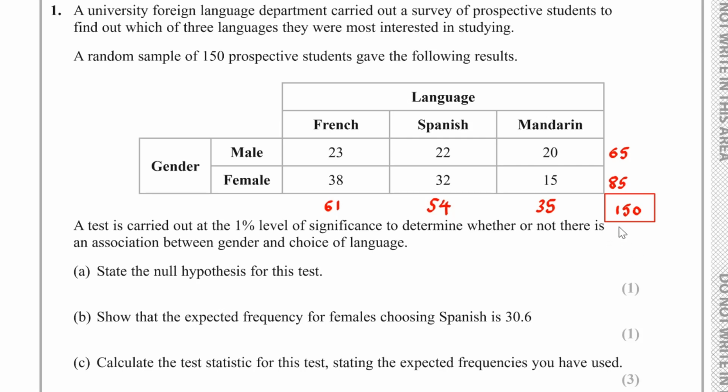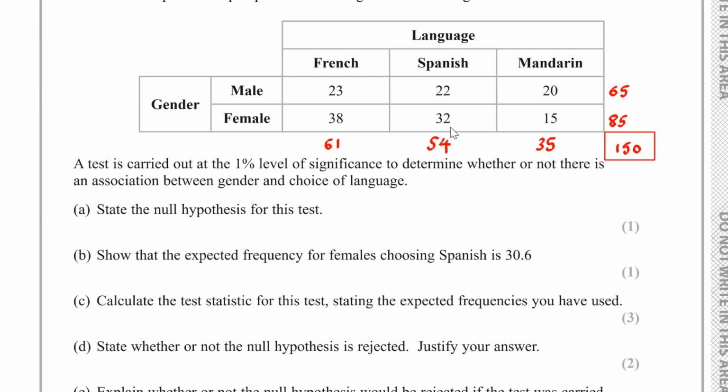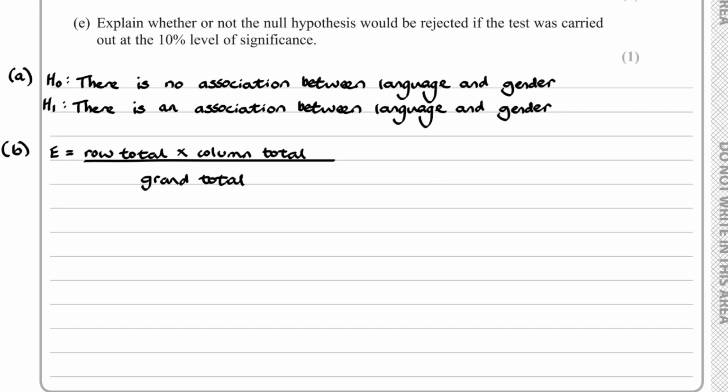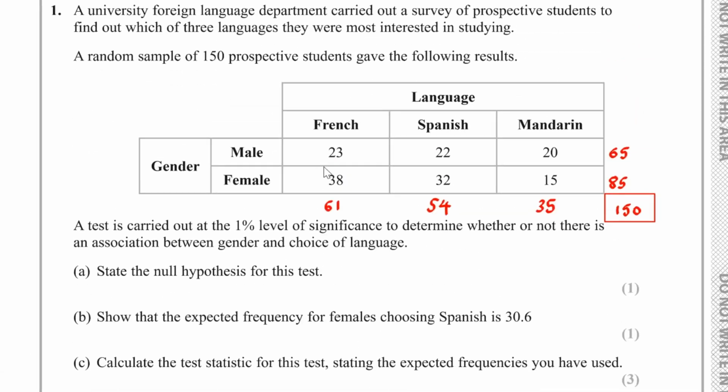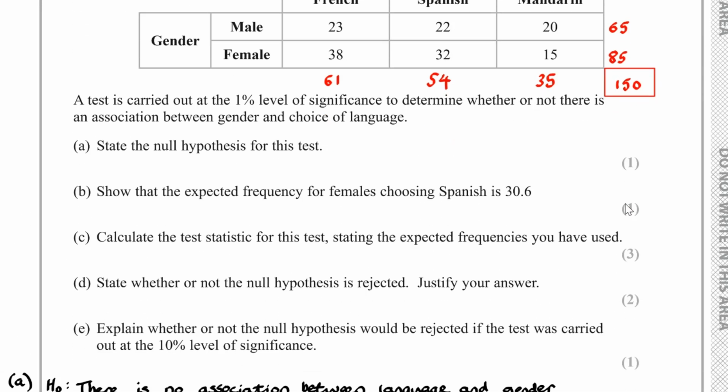So when we come to work out the expected frequency for females choosing Spanish, we're looking at this over here, where this 32 is. The observed value is 32. We want to find the expected value. So what we have here is our row total for female, that would be 85.